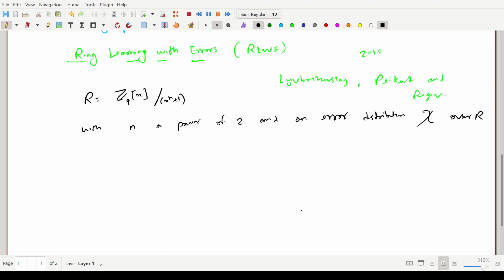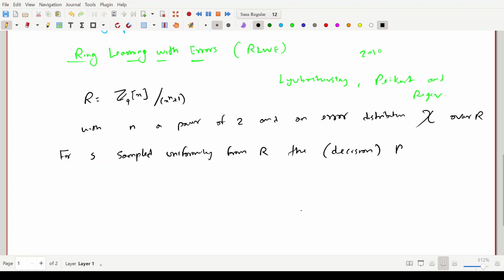Okay, so for s sampled uniformly from R, let us see what the decision RLWE is.